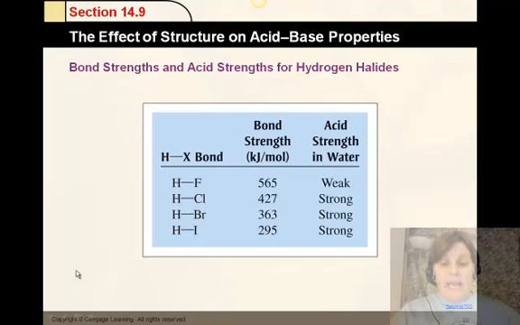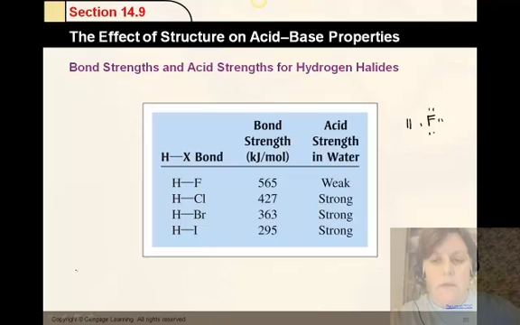So the HF bond, as you might remember, fluorine has 7 valence electrons, and that's the dot diagram, or as you will recall, the dash diagram. That's the HF molecule. Fluorine is highly electronegative.